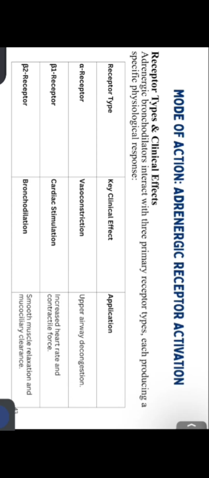It also helps the lungs clear out mucus, making it easier for the patient to breathe. So always remember that the alpha receptor is for vasoconstriction, beta 1 receptor is for cardiac stimulation, beta 2 receptor for bronchodilation.